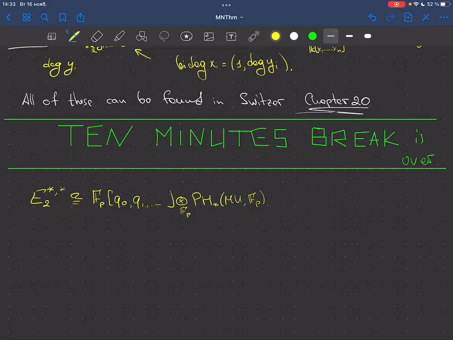So now I want to mix these two things into one polynomial algebra, kind of. So we have F_p[Q0] and a polynomial algebra with one generator in each even degree.